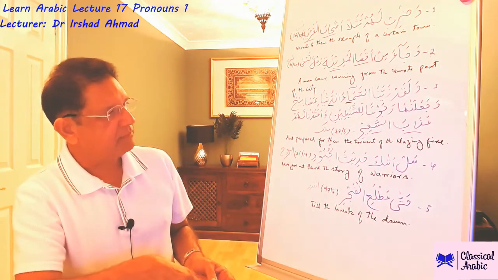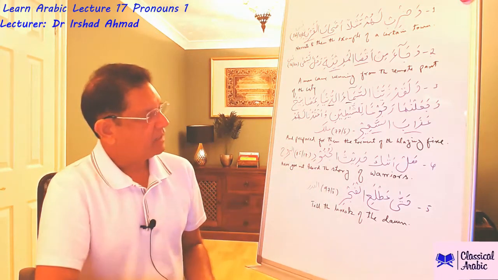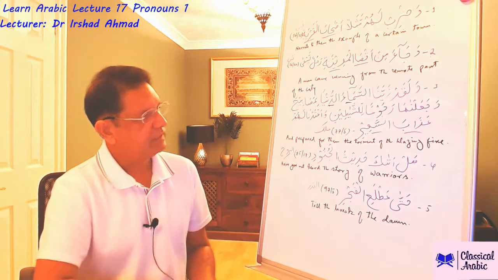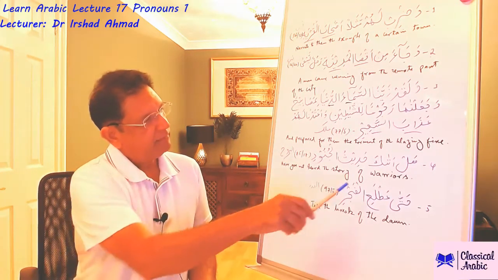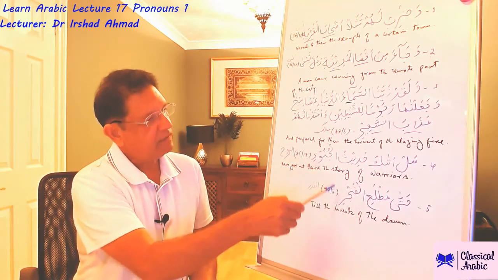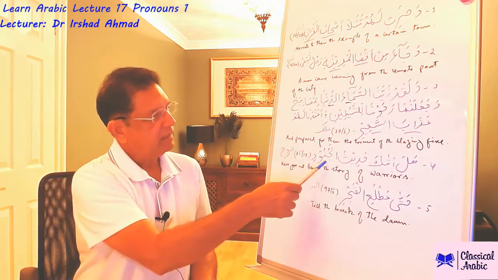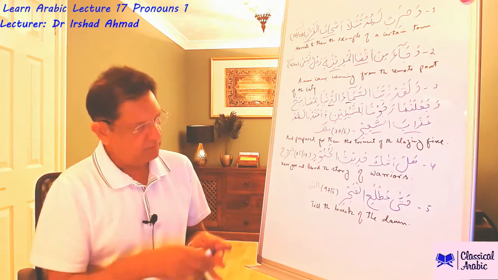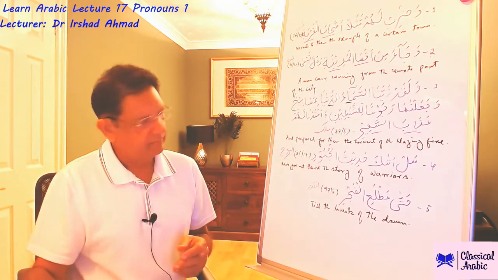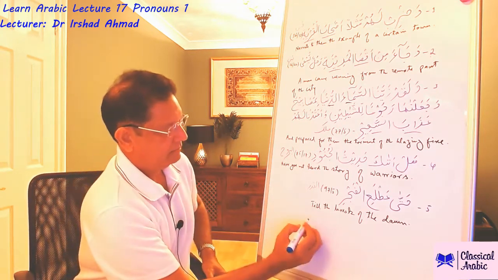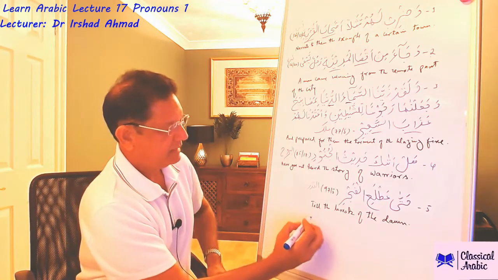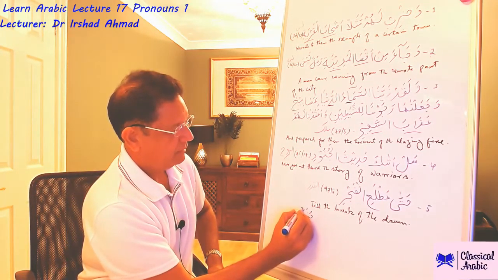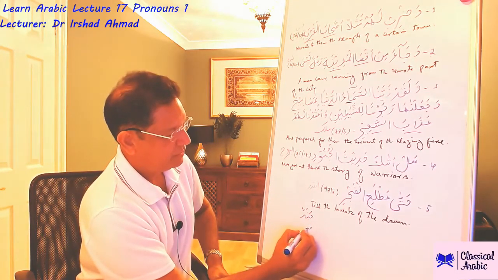The next example is Hal ataka hadisul junudi, Surah Buruj, ayah number 17. Have you heard the story of the warriors? Junud is plural of jundun. Jundun is a group of people, fighters, and plural will be junudun.